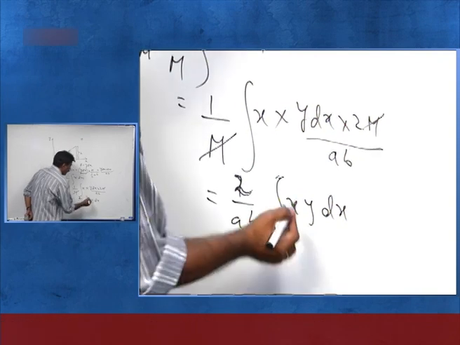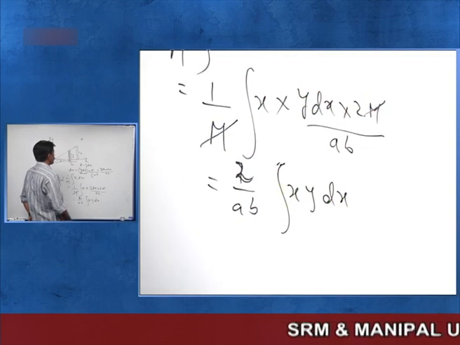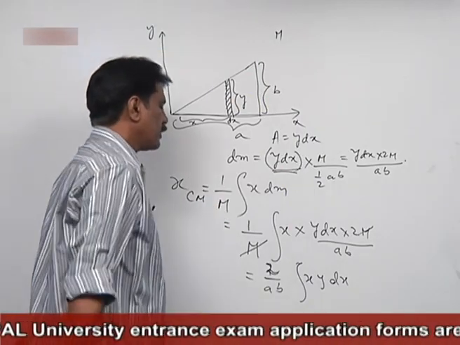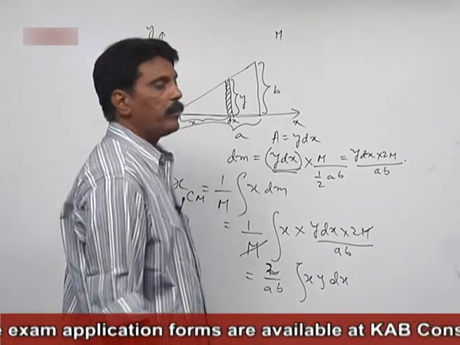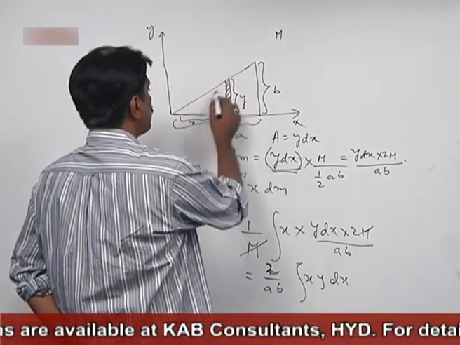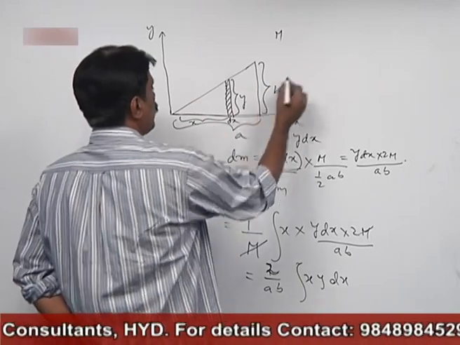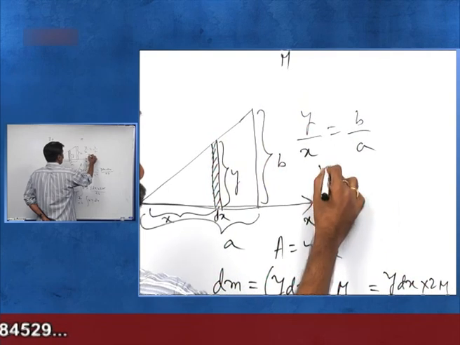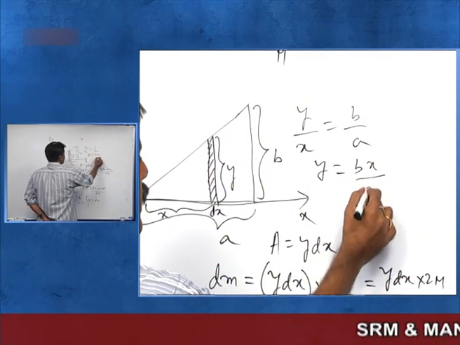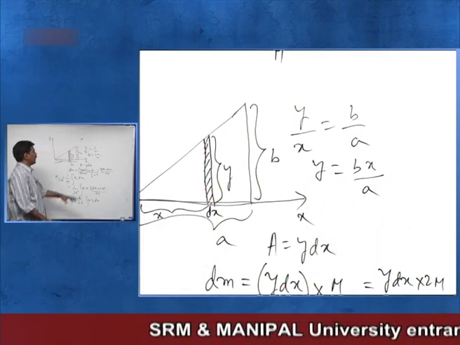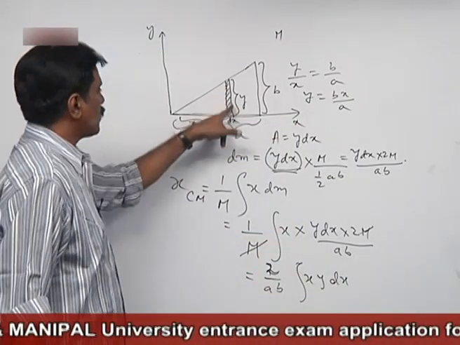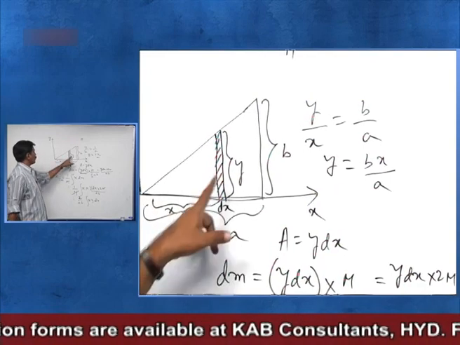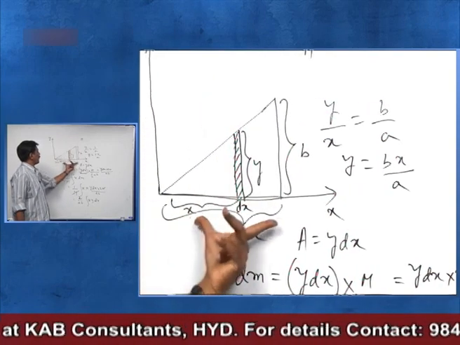Here we have to eliminate y from the integral so that you have a function only in terms of x, which can be integrated easily. Now from this diagram, this triangle and this triangle are similar, so y by x is equal to b by a.